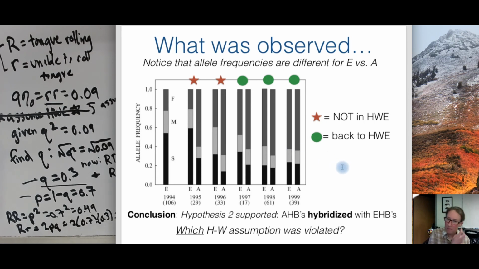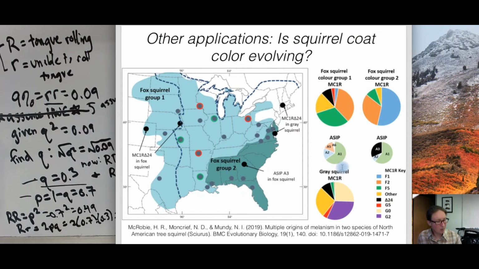So my research mentors concluded, okay, that provides support for hypothesis number 2. What happened when they arrived was the Africanized honeybees hybridized with the European honeybees. So I have a question here for you to think about, which is, which out of those Hardy-Weinberg assumptions got violated? And I'm going to leave that question for you to think about and come back to later.